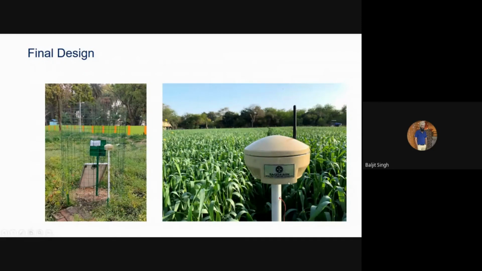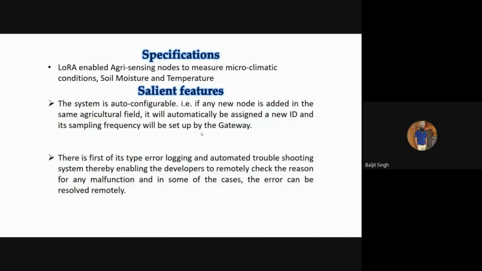If you bring an actual node, place it somewhere in the field and turn it on, it will automatically communicate with the gateway, be assigned a new ID, and its sampling frequency will also be set up by the gateway.